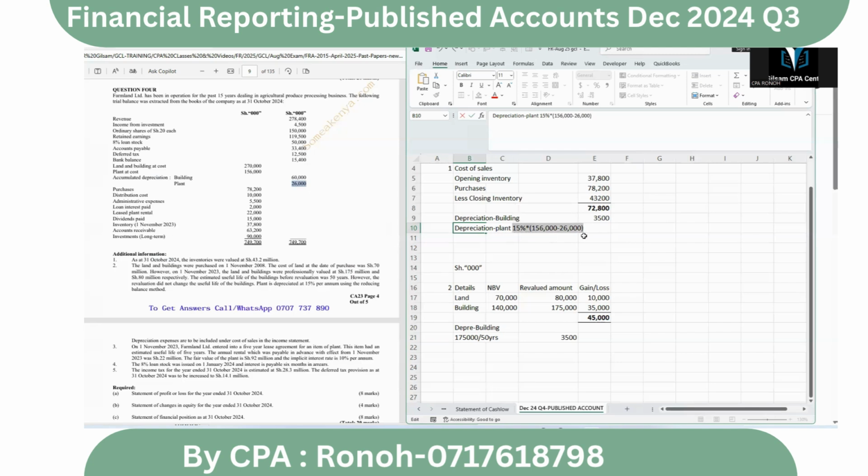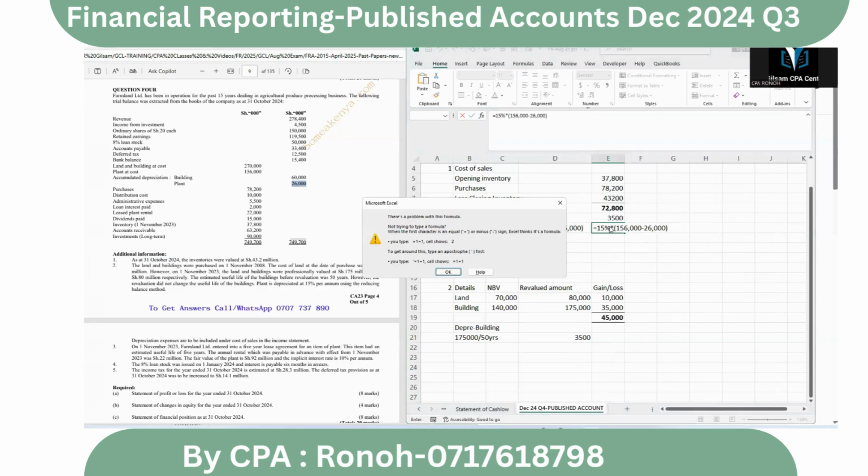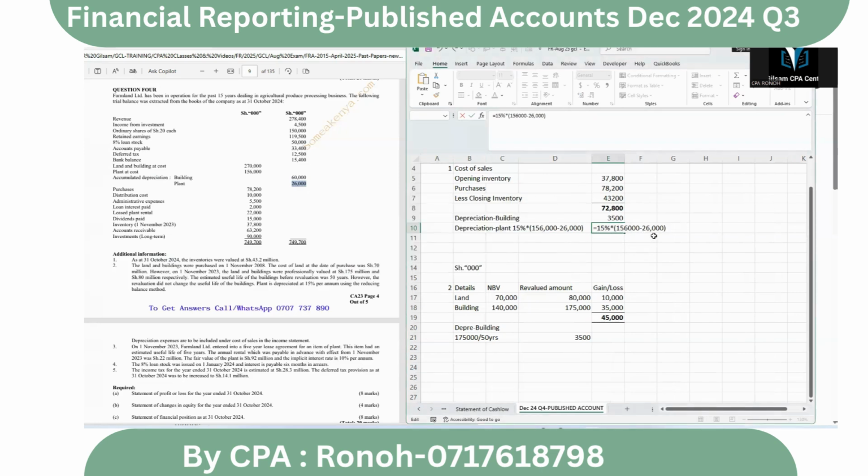What did you get? Make sure you don't copy my figures. Use the calculator, get involved in the calculation. So we'll get to know how we arrived at this figure so that you don't just copy. When it comes to your revision, you will know where this value came from. So that is our depreciation for plant.